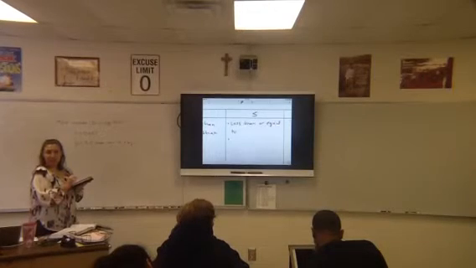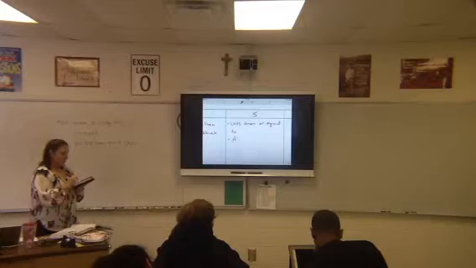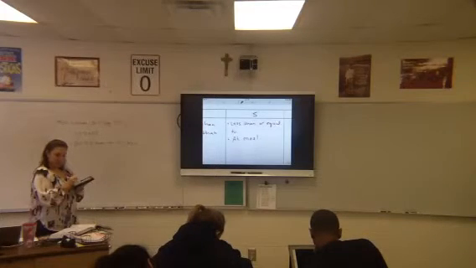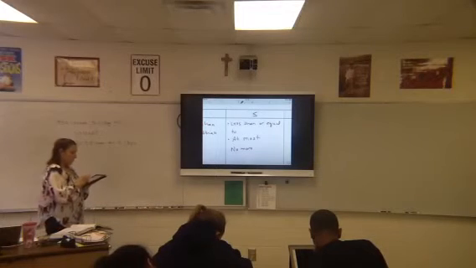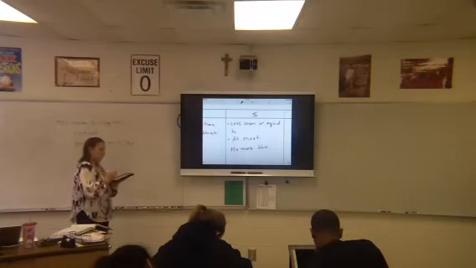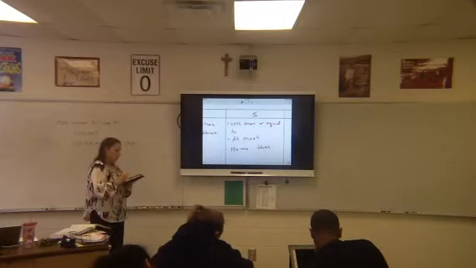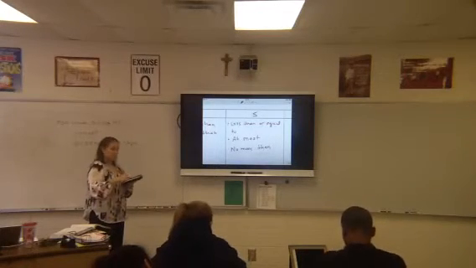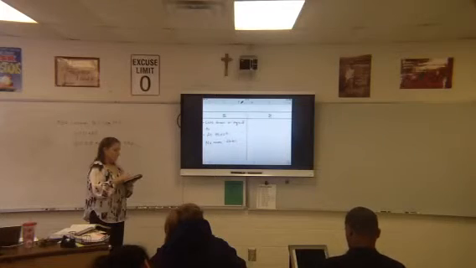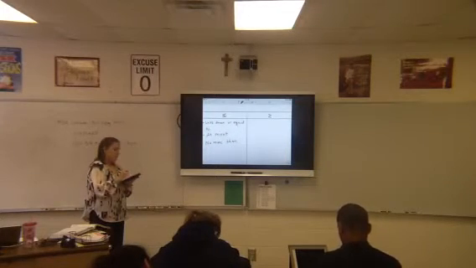Anybody else got something to try? Okay, at most, and no more than. So at most and no more than. All right, this last one here, greater than or equal to.